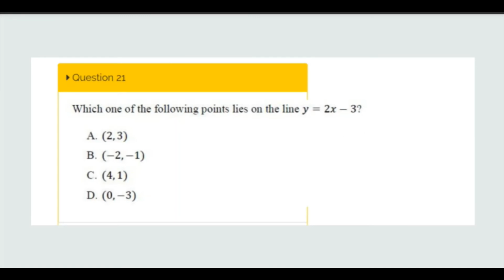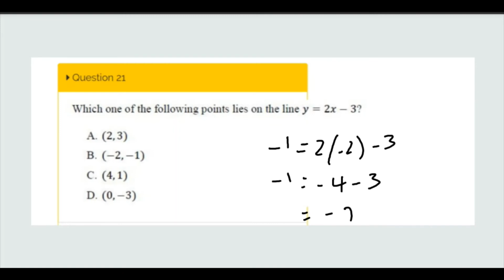B said y will be negative 1 is equal to 2 times x, which is negative 2, minus 3. So negative 1 will be equal to 2 times negative 2, that will be negative 4, subtract 3, and that will give you a negative 7. So that is not correct also.